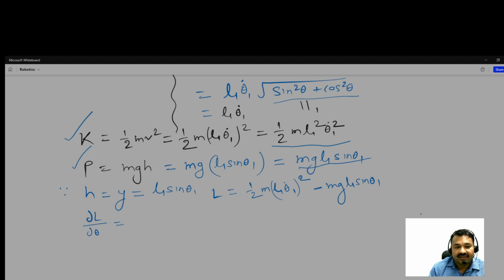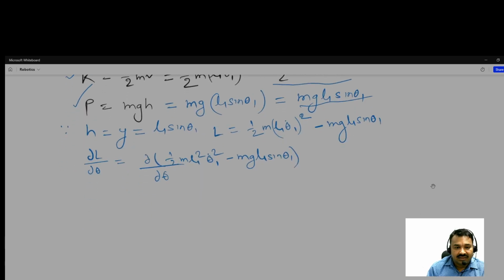So what do we get? The partial differentiation of 1 by 2 m L1 square theta dot square minus mg L1 sine theta 1, divided by del theta, is equal to what? The differentiation of the first term will be 0 because there is theta dot, and then we have to differentiate this.